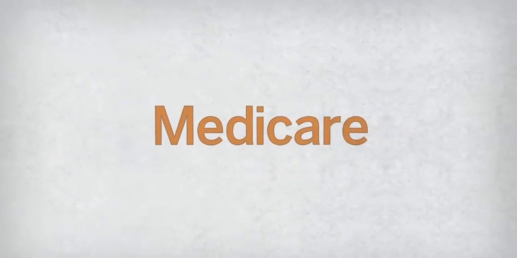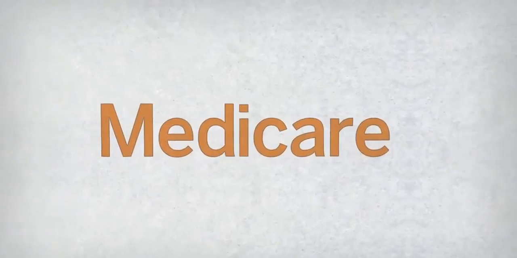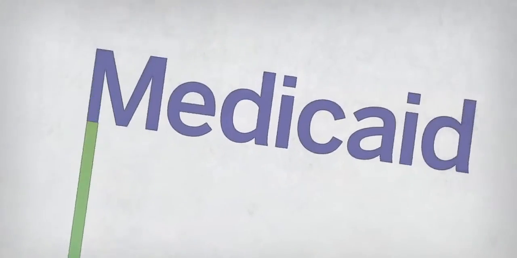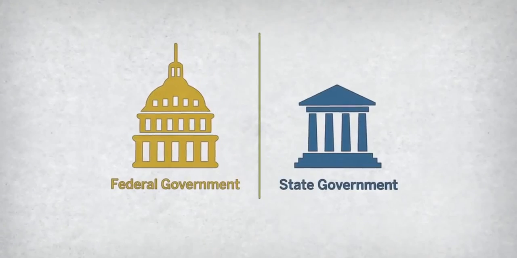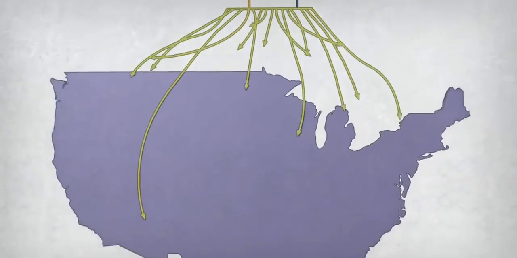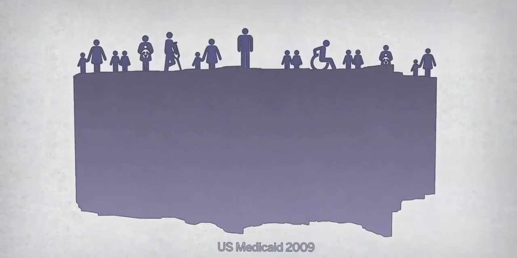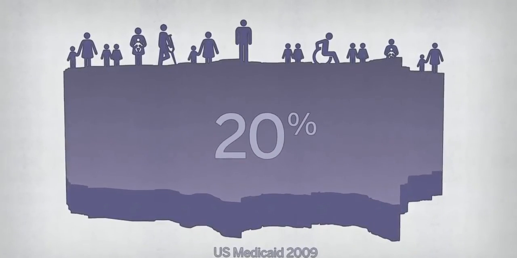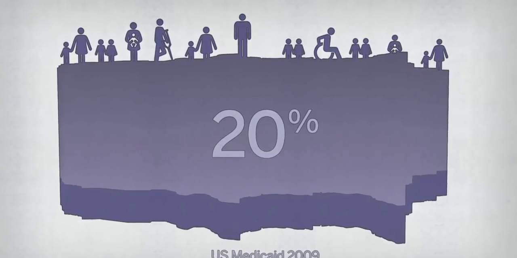Unlike Medicare, which is a federally funded and administered health insurance program available to everyone over 65, regardless of income, Medicaid is a need-based program funded jointly by the federal and state governments and administered at the state level. In 2009, Medicaid financed the care for nearly 20% of all Americans, making it the largest source of medical coverage for the country's low-income population.